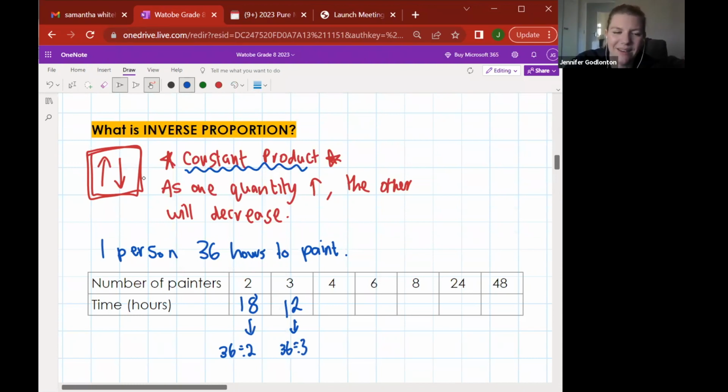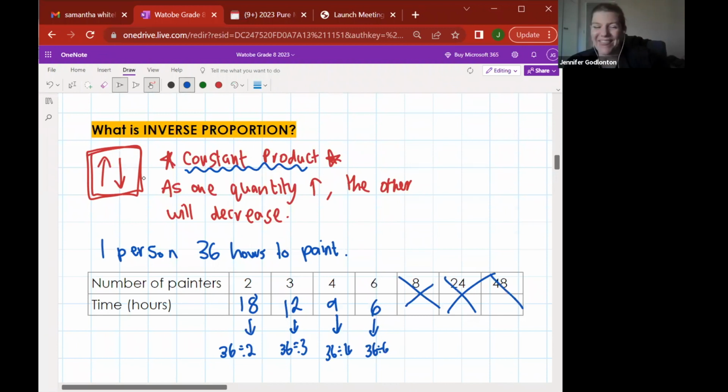Nice job. It's going to take 9 if we have 4, because now we're saying 36 divided by 4. If we have 6, it's going to take 6 hours, because now we're saying 36 divided by 6. And we can keep on going like that. For the moment, we're going to ignore these ones, just because they're going to get messy for us.